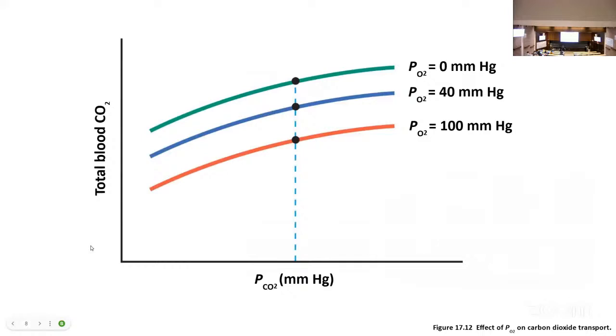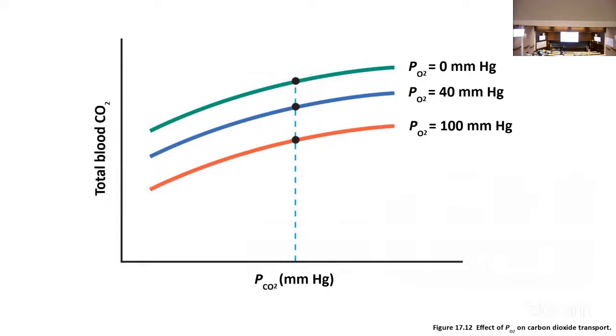So while partial pressures of gases don't directly influence each other, because both carbon dioxide and oxygen are interacting with hemoglobin, there are some relationships between the transport of oxygen and the transport of carbon dioxide.